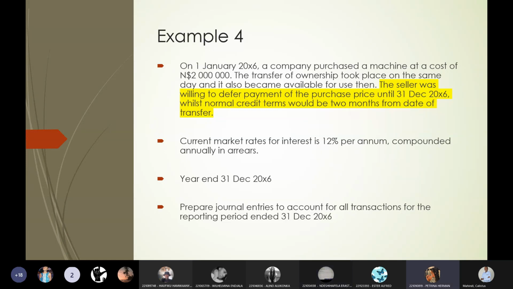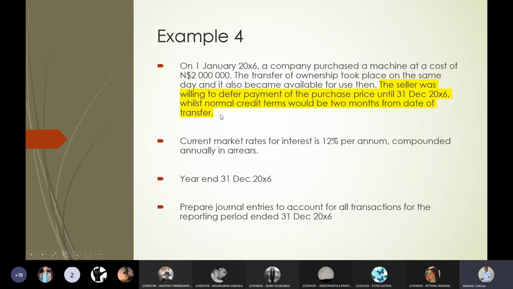Okay, we are saying that the seller, the part highlighted in yellow, was willing to defer the payment of the purchase price until 31 December 20x6, whilst normal credit terms would be 2 months from the date of transfer.